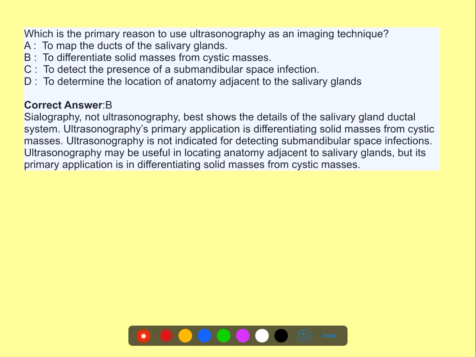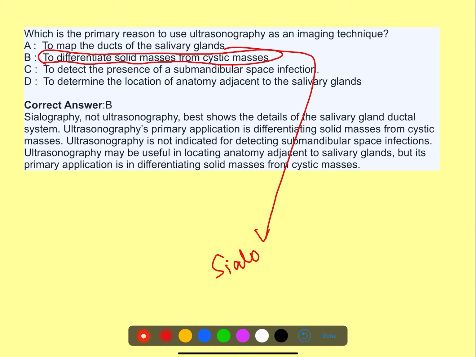What is the primary reason to use ultrasonography as an imaging technique? All the options given are uses of USG, but the prime reason for using USG is to differentiate solid masses from cystic lesions. If you want to map the ducts of the salivary glands, sialography is used for seeing the ducts.